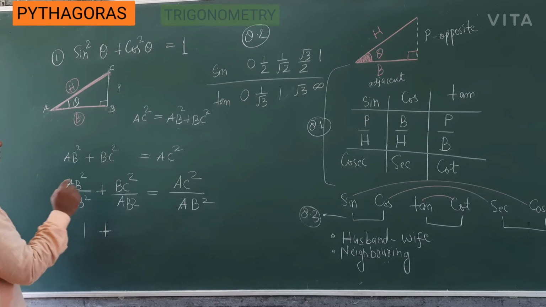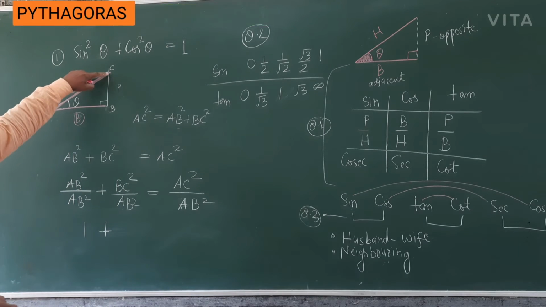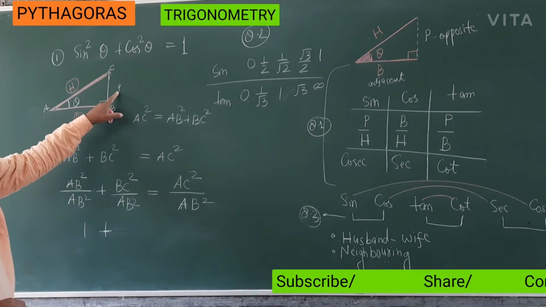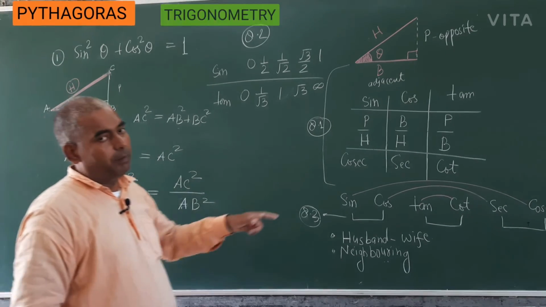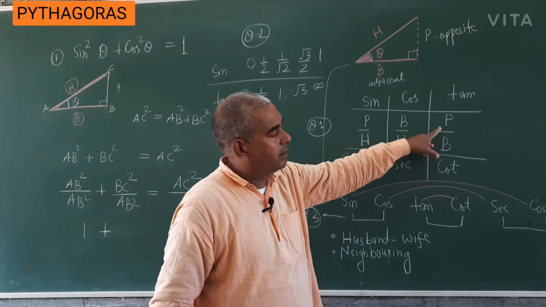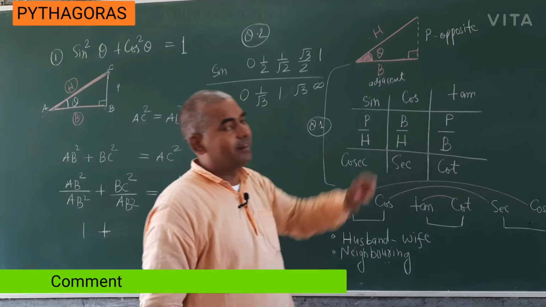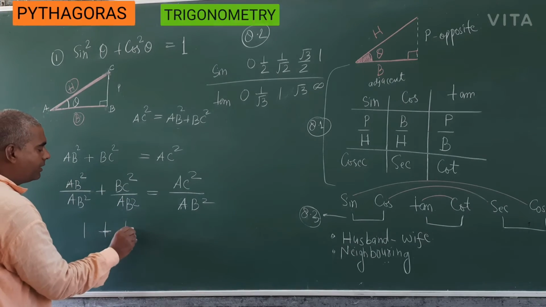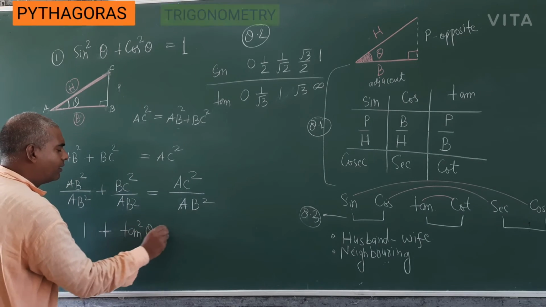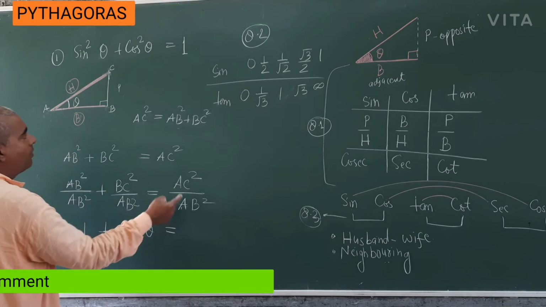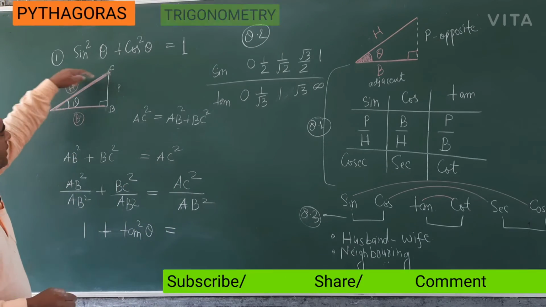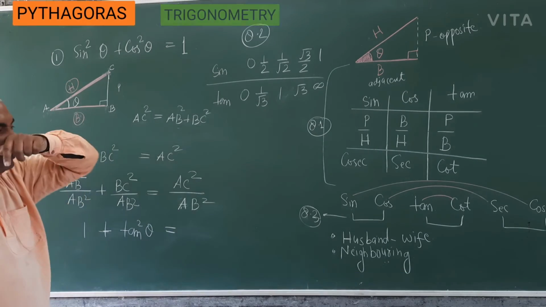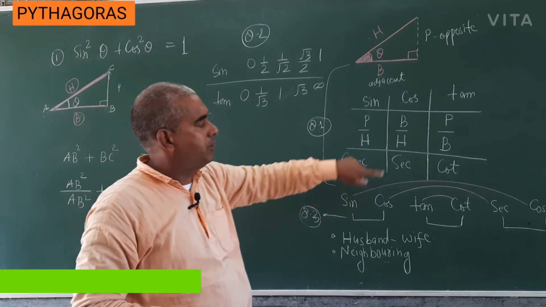BC upon AB, this is perpendicular by base. This is tan. So this formula will be 1 plus tan square theta is equal to AC square upon AB square. AC means hypotenuse upon AB, base. Hypotenuse upon base. What is hypotenuse upon base?